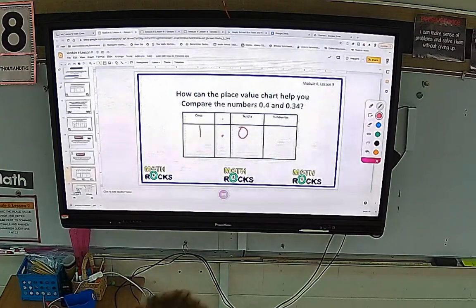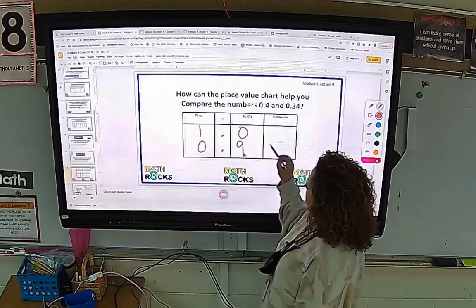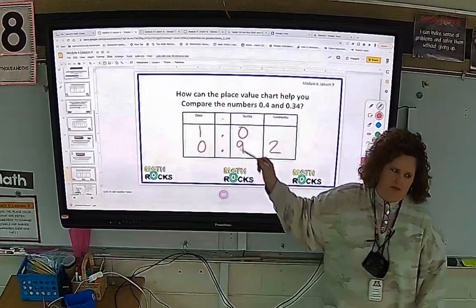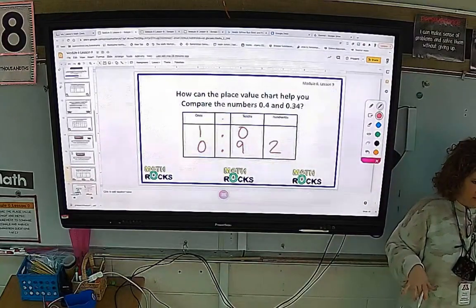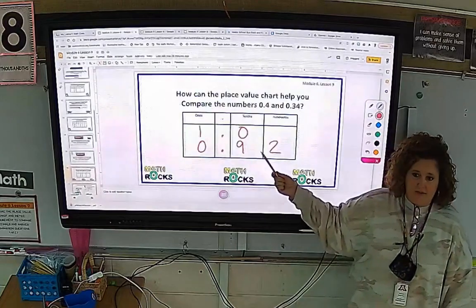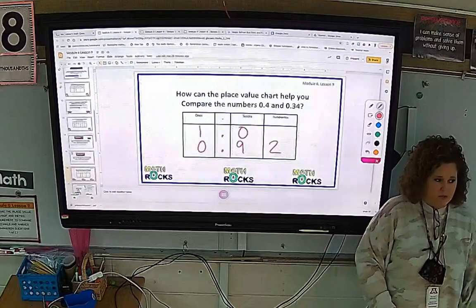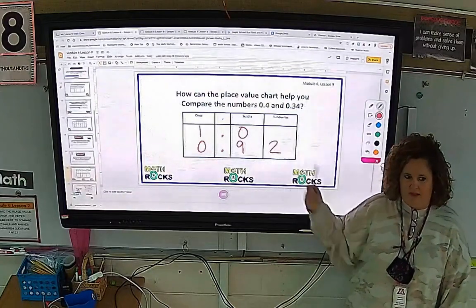Okay, 0.92. Now, I don't know if y'all will catch this, but these two weights are very close to each other. This is 1 whole, and this is 0.9. This is almost 1 whole, isn't it? It just needs 8 more hundredths, and we would have 2 equal things.